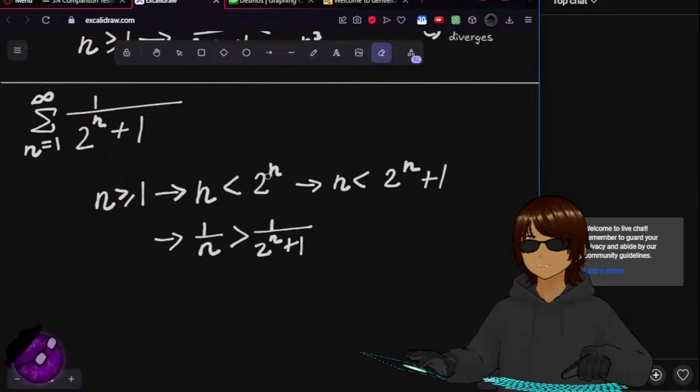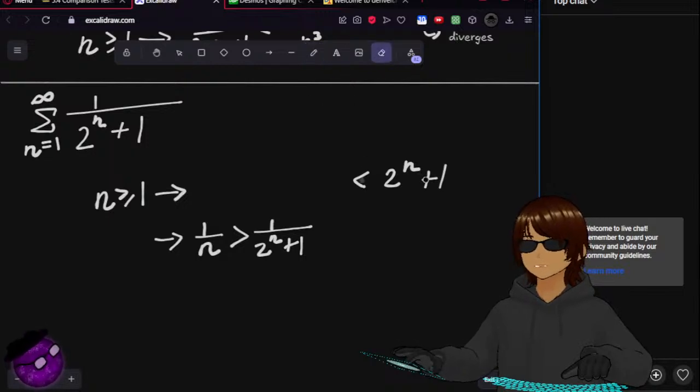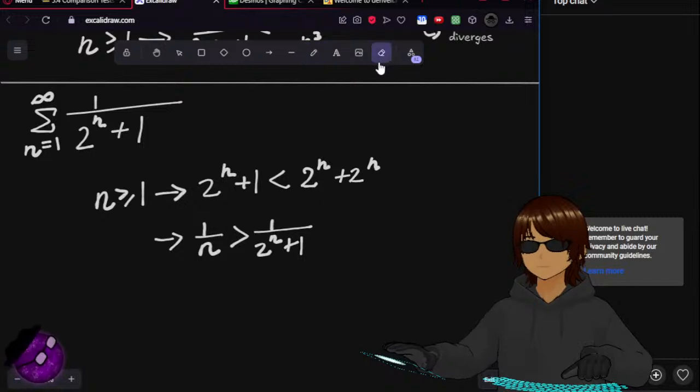So maybe this. 2 to the power of n plus 1 would be lesser than 2 to the power of n plus 2 to the power of n. So we add them.